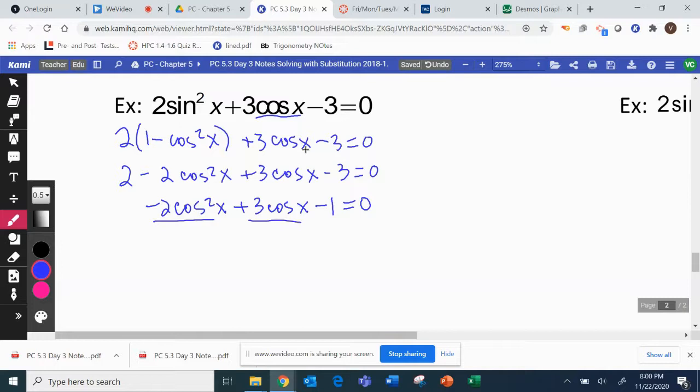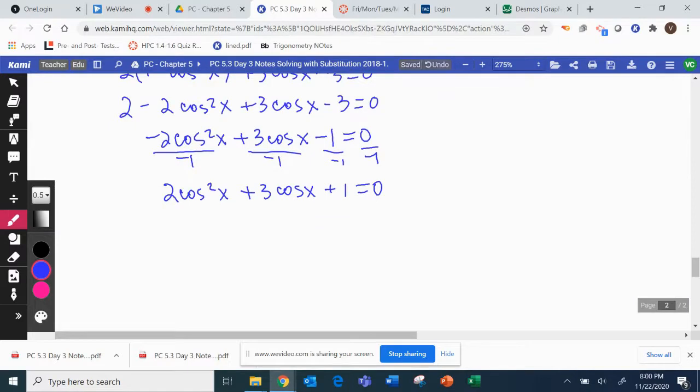I'm going to divide everything by -1 because I do not like to factor with a negative in front. This is almost like one that we did on the first page.